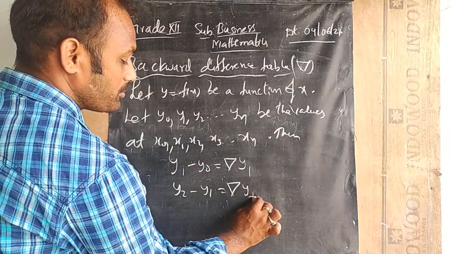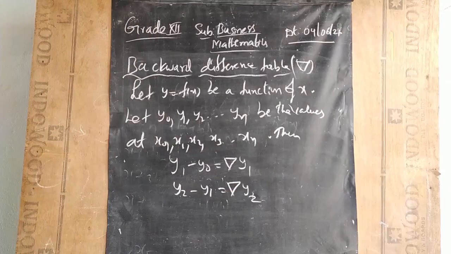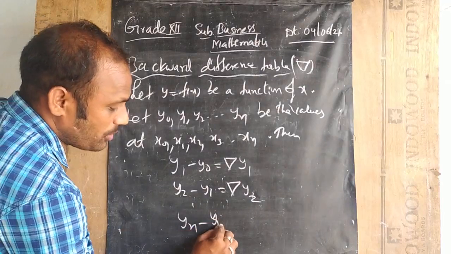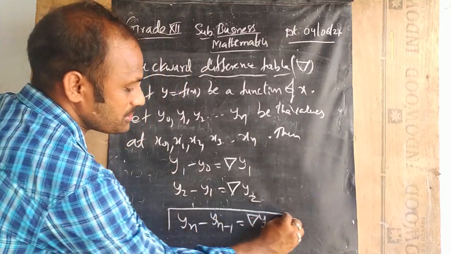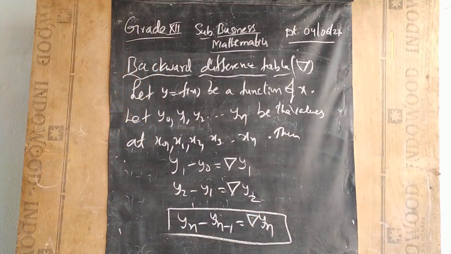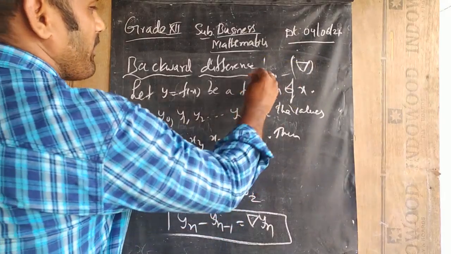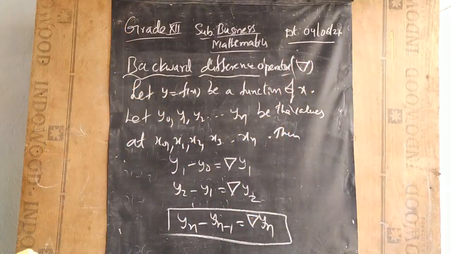So on, we can see that yn minus yn minus 1 is equal to reverse of delta yn. So this is the first difference formula, and this is the backward difference operator. Now let us write the backward difference table.